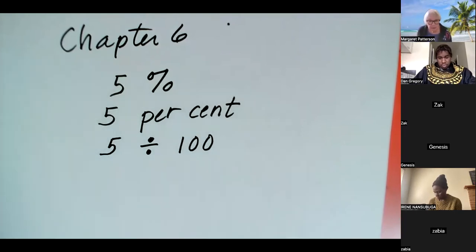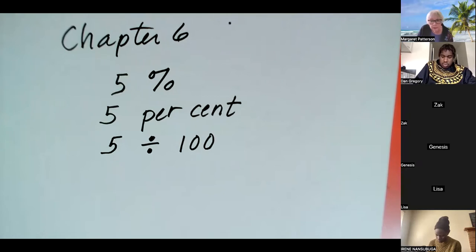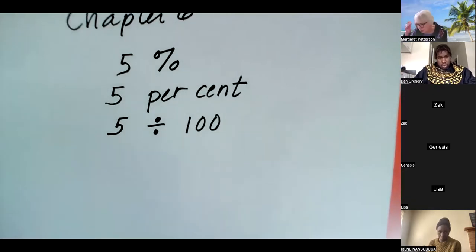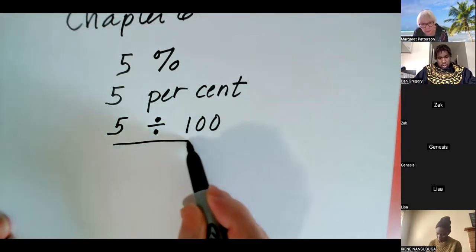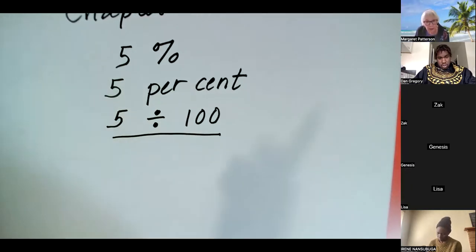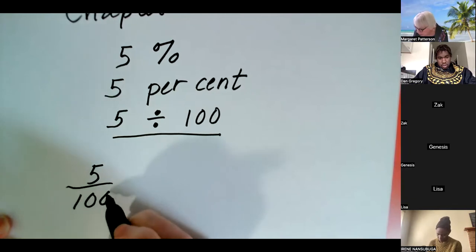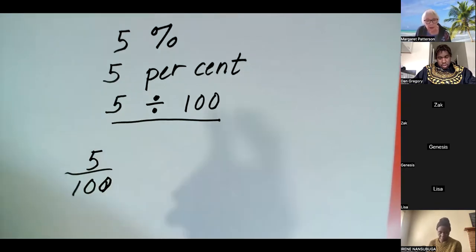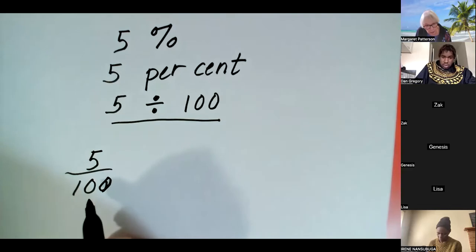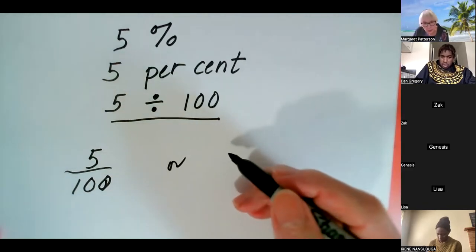So when they say 5%, you can write it like this. Typically, if you're going to do a computation with 5%, one way to write it would be the fraction way, 5 divided by 100. The other way would be the decimal.